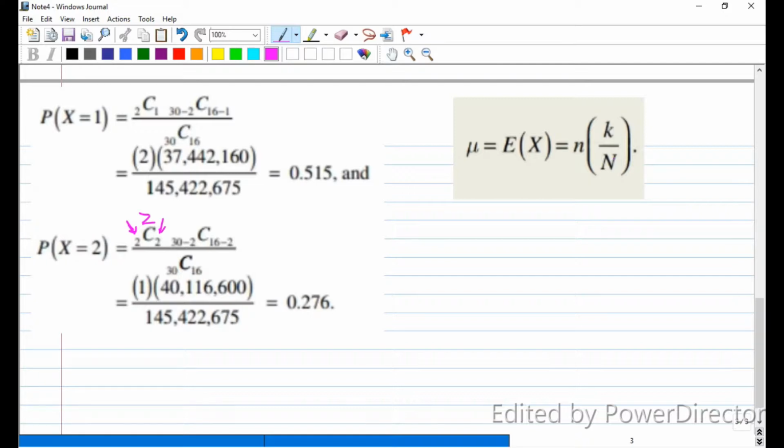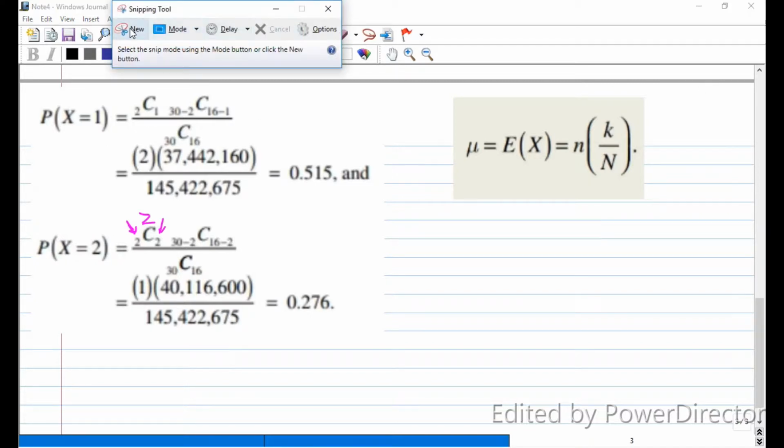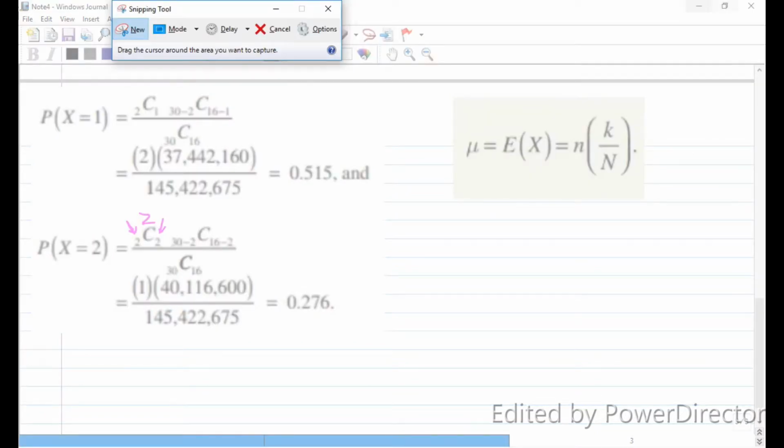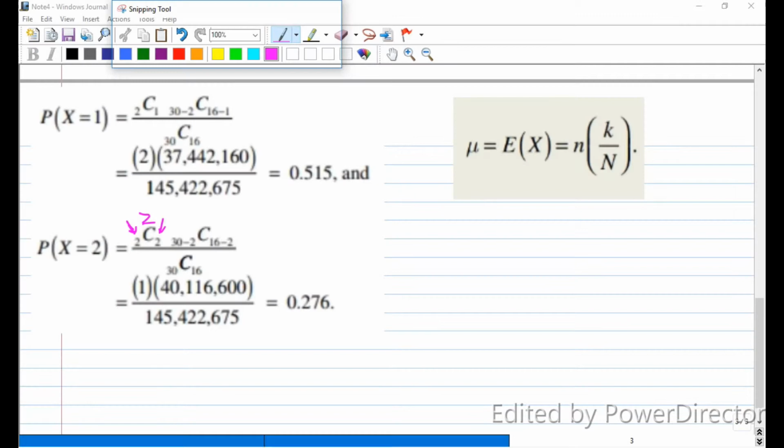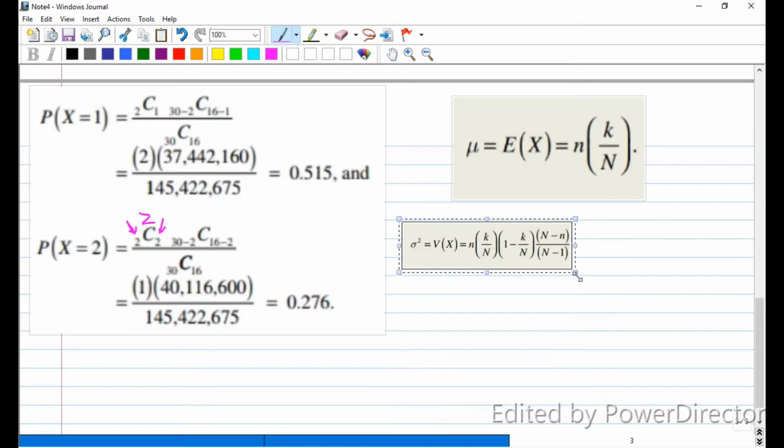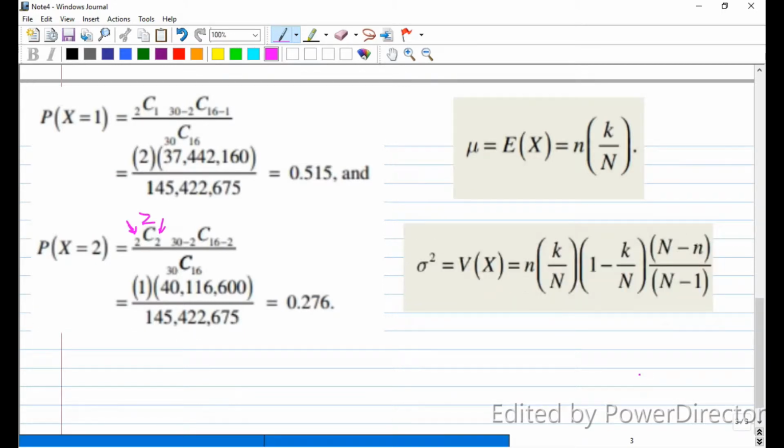Not hard at all. There are a couple more calculations for the variance or the standard deviation, but it's still just using these same numbers. You don't have to do any kind of combinations to figure them out. If you want to find the variance, and this again is in the PowerPoint, you have the mean here, and then you say that times 1 minus k divided by capital N times capital N minus little n over capital N minus 1.